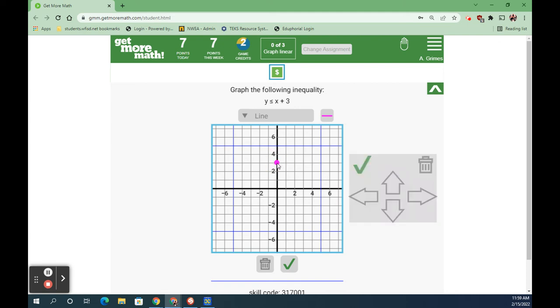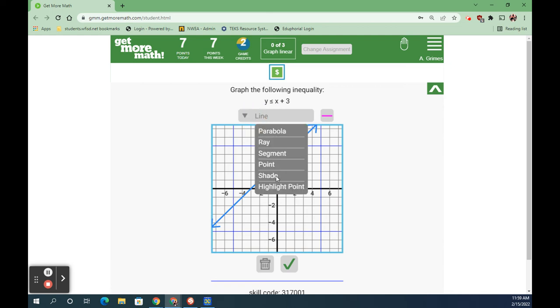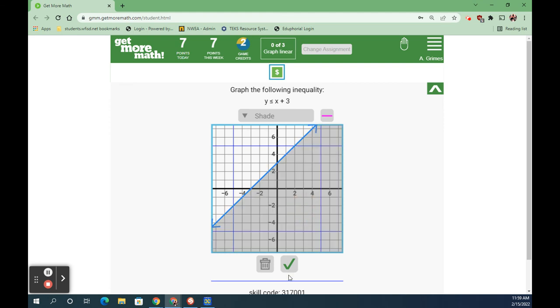Go to 0, 3. The slope is 1, up 1, right 1. Now, is this going to be solid or dash? Solid. It's already on solid line. Now, where are we shading? Above or below? Below, less than, below. Click on that, go to shade, then just click somewhere down here, and it shades it for you.